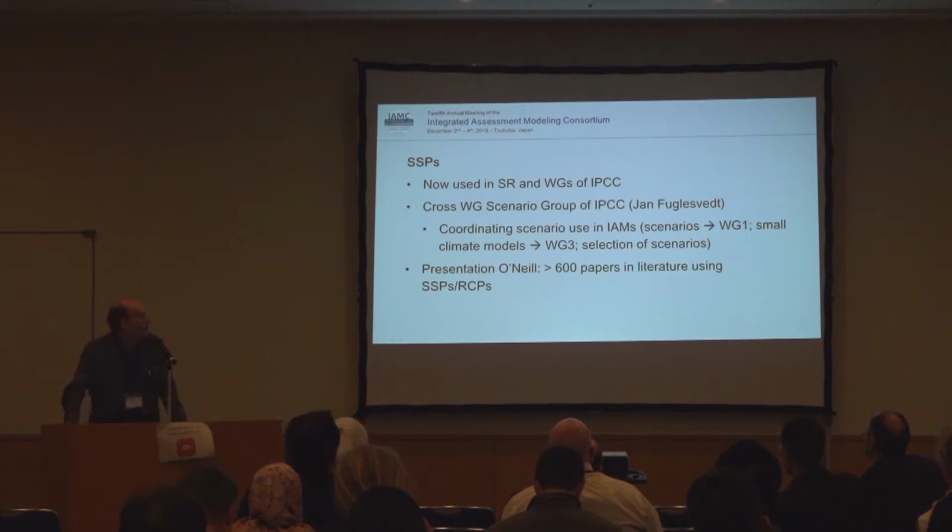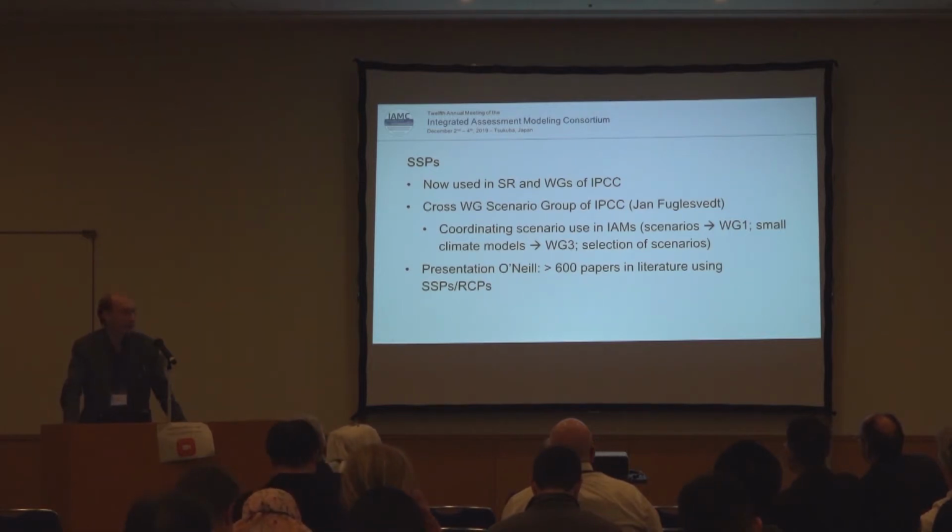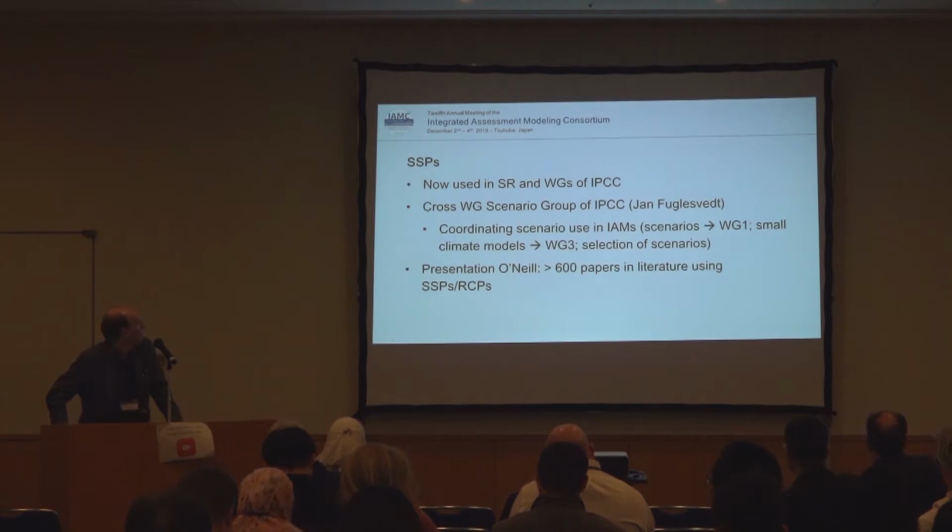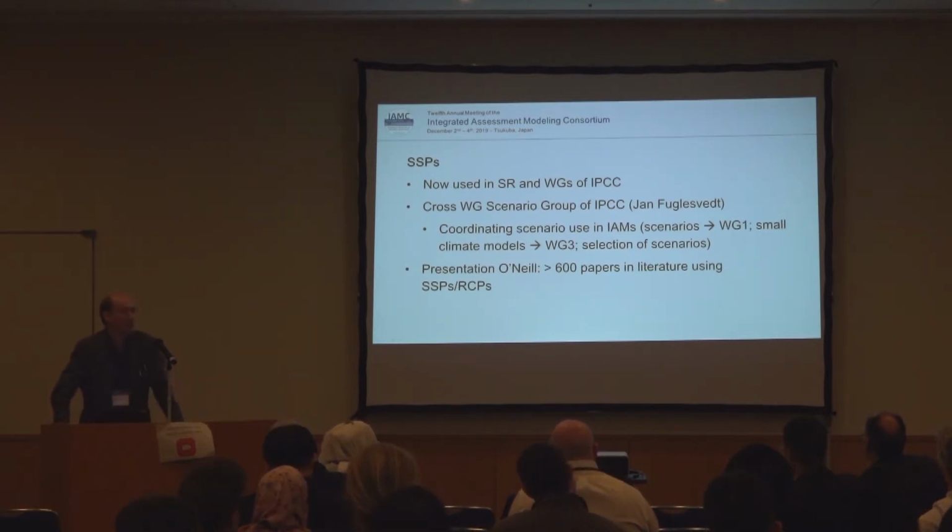For instance, in the special report on 1.5, we clearly saw them being used in the way that we intended. In the land report, as presented by Kate, they are not only using the dimension of the climate, but also the dimension of socioeconomic development. One activity that we are involved in is the cross scenario working group of the IPCC, led by Jan Fuglestvedt.